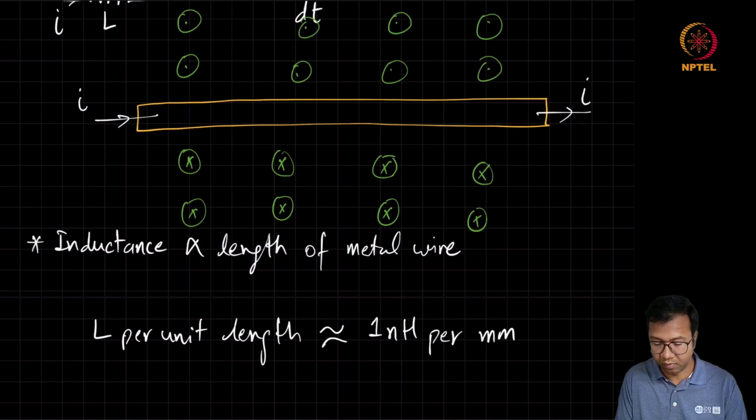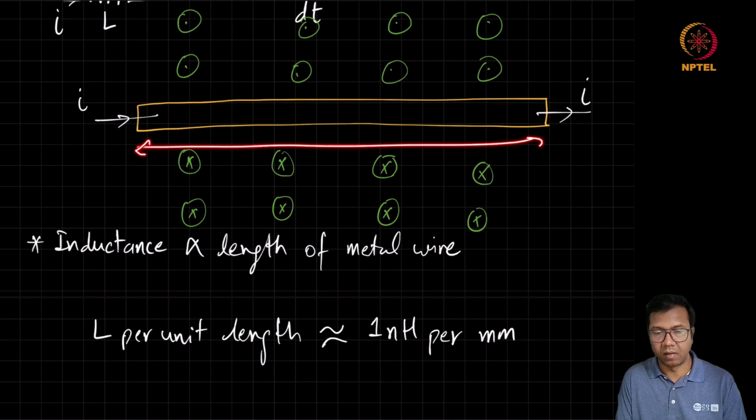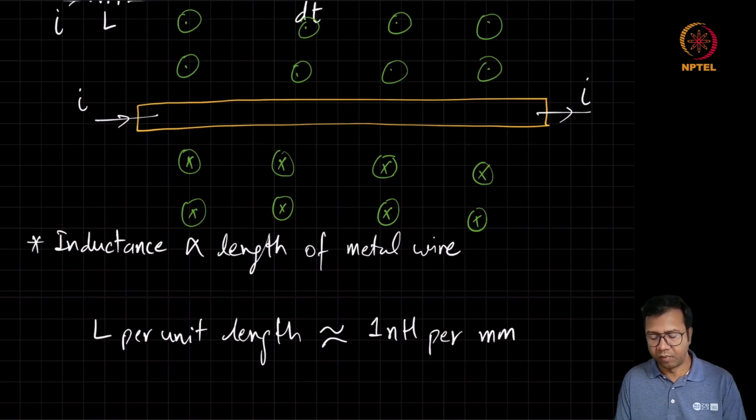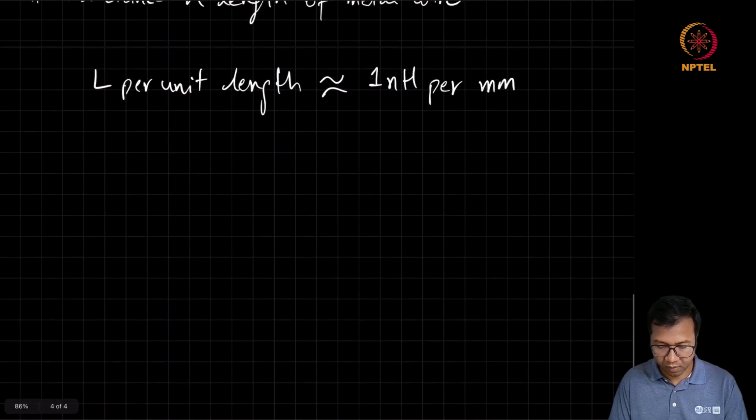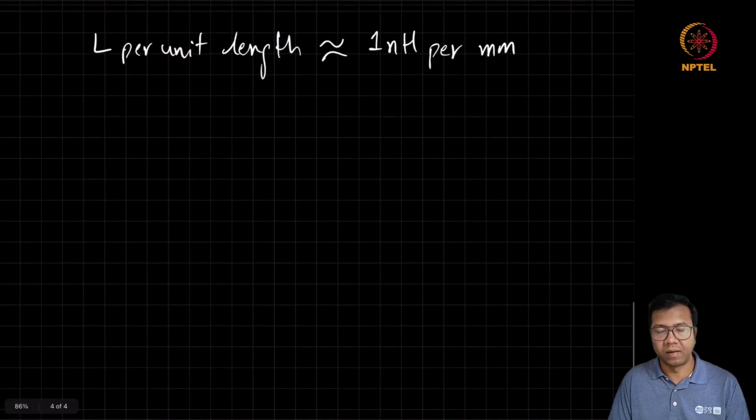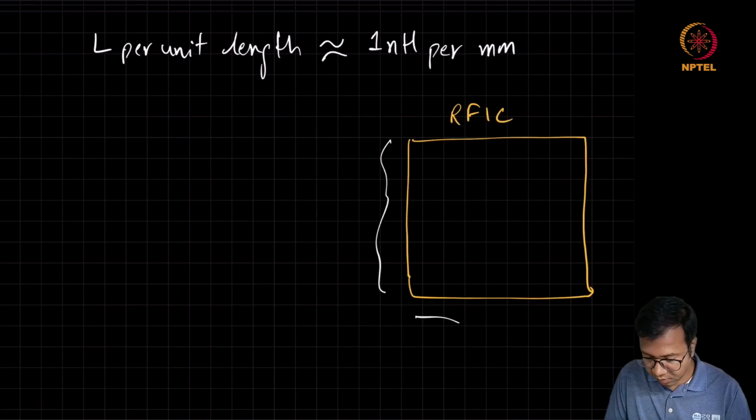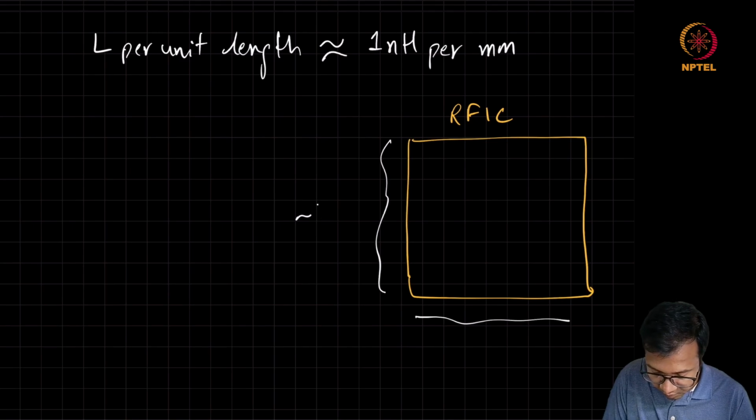Let's say we want an inductance of 1 nanohenry, then the entire length of this metal has to be around 1 millimeter. So when we are talking about realizing these inductors on chip, the size is going to be a few millimeters.